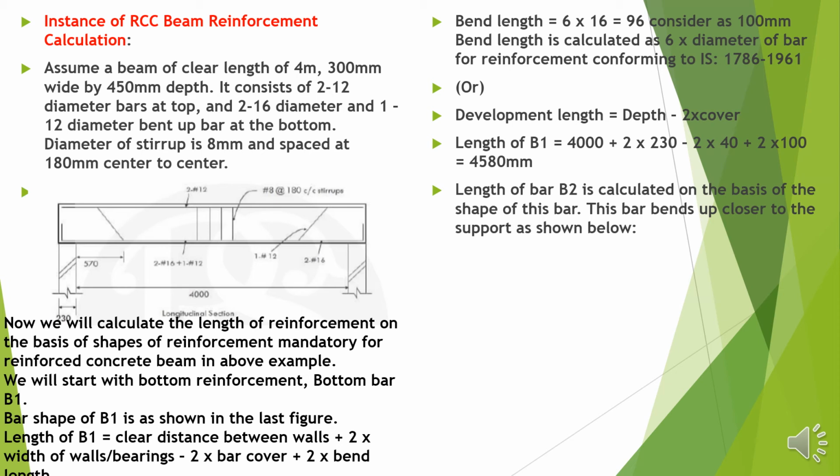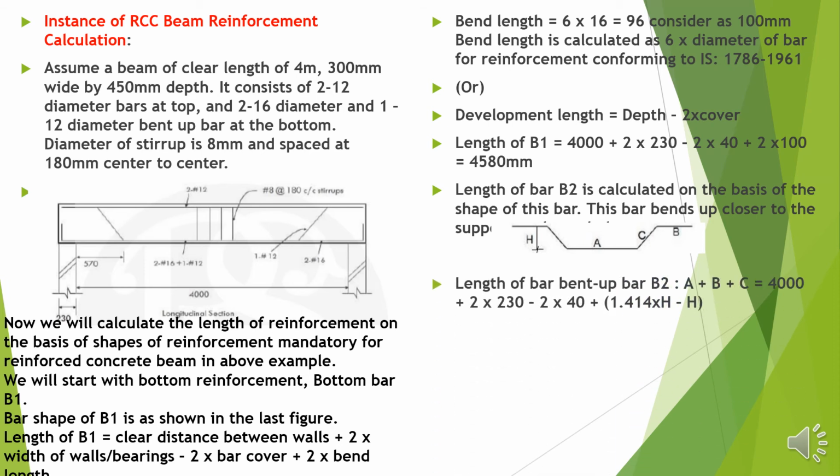Length of the bar B2 is calculated on the basis of the shape of the bar. The bend up is closer to the support as shown below. Here you can see the bent up bars. So length of the bar B2 is equal to A plus B plus C is equal to 4000 plus 2 into 230 minus 2 into 40, that is the cover, plus 1.414 into H minus H, that is the height.